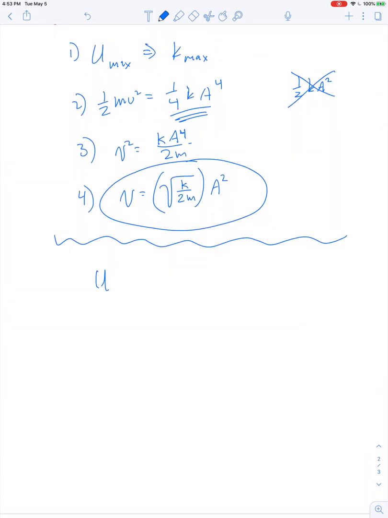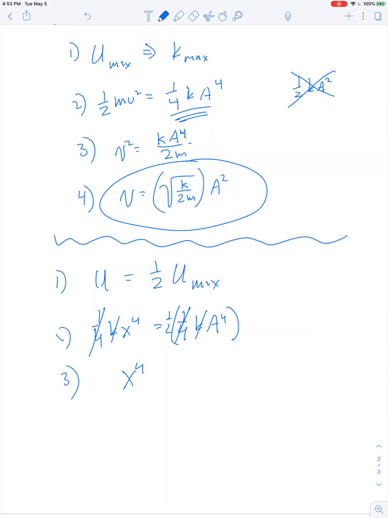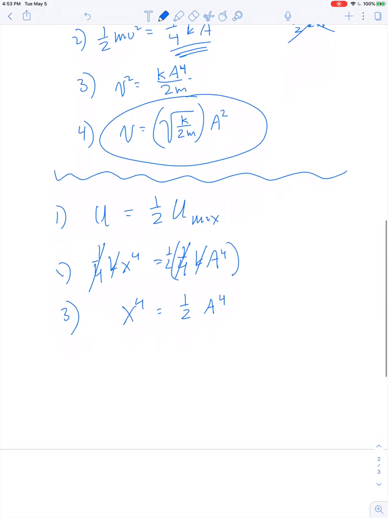So for the instantaneous potential energy to be half of the maximum potential energy, 1/4 k x to the fourth would have to equal 1/2 of 1/4 k a to the fourth. K cancels, 1/4 cancels, x to the fourth is equal to 1/2 a to the fourth.